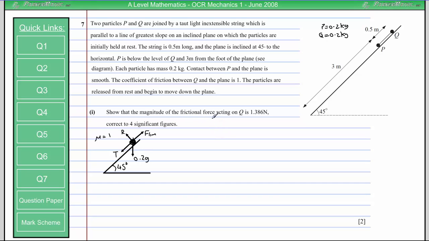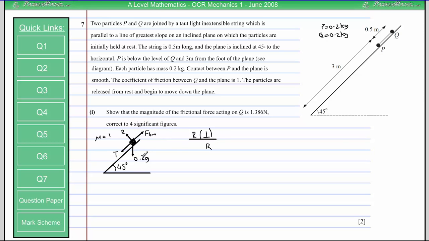So we're interested in finding the frictional force, and to do that we need to first calculate this normal contact force. So we are going to resolve perpendicular to the slope. Let's take the direction of R to be positive out away from the slope rather than into the slope, and we've got this force R. Tension and limiting friction are parallel to the slope, so we can ignore them.